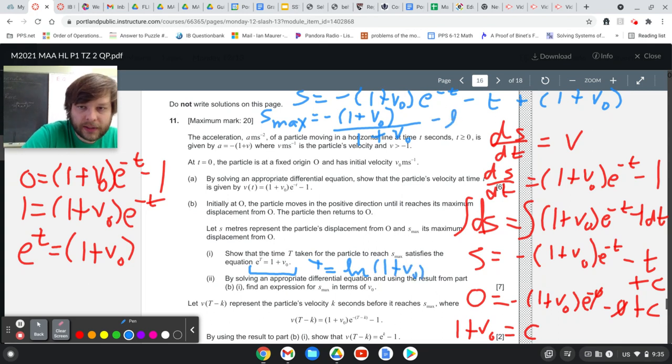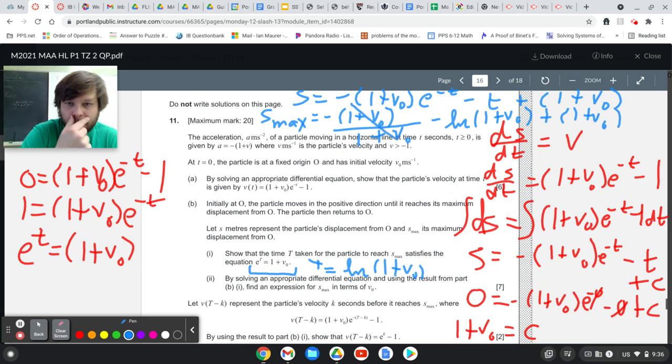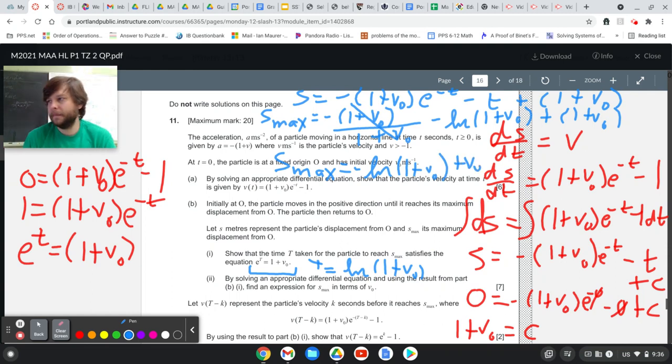So minus natural log of 1 plus v naught. And then this is my constant, 1 plus v naught. And what we end up with is this cancels to be just negative 1, and then that negative 1 will cancel with my positive 1. And so my s max is going to be negative natural log of 1 plus v naught, plus another v naught.